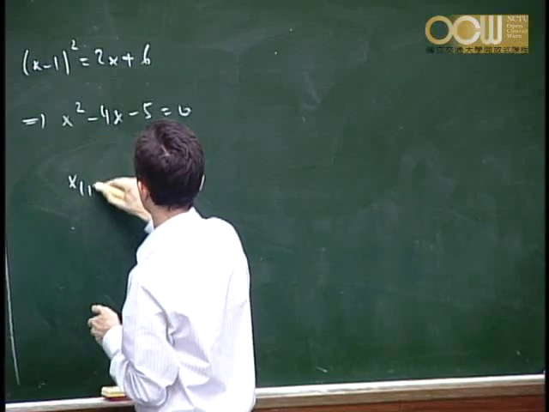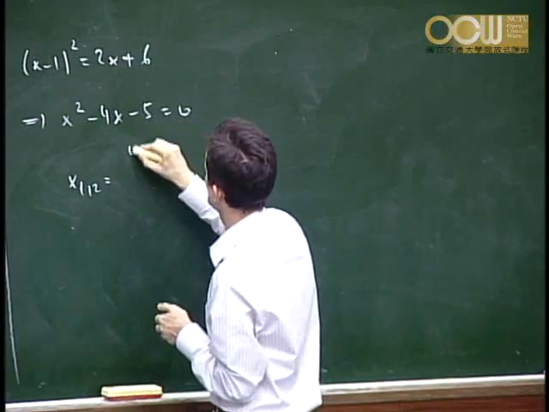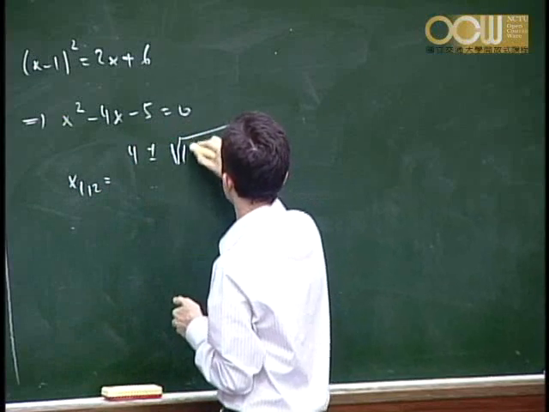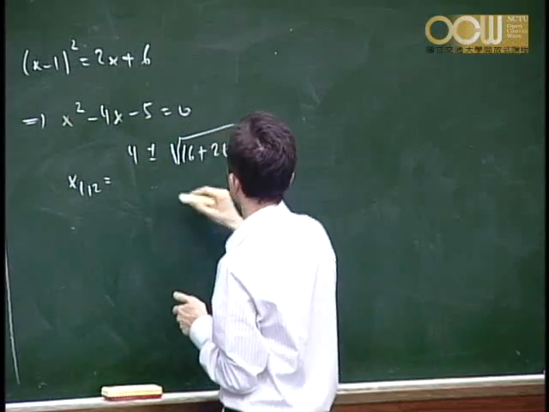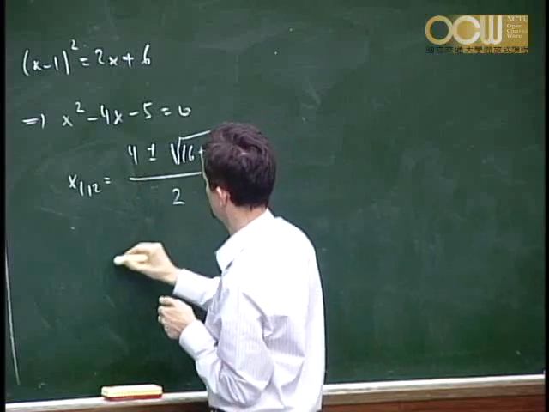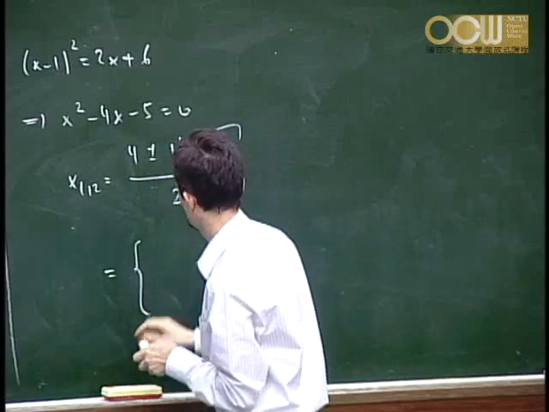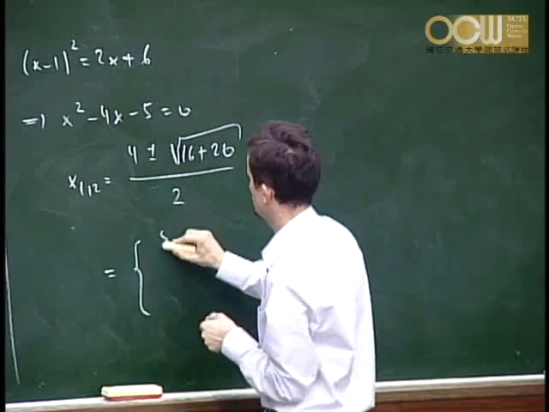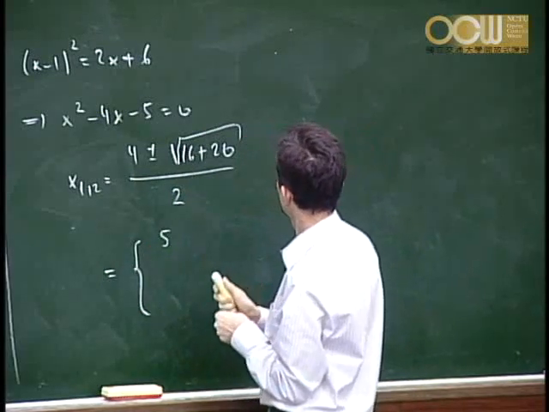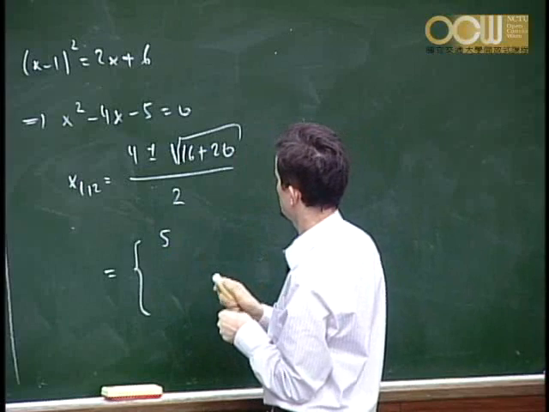Okay, 16 minus 20 over 2. So 6, 4, 10, 5, and 6 minus 1.